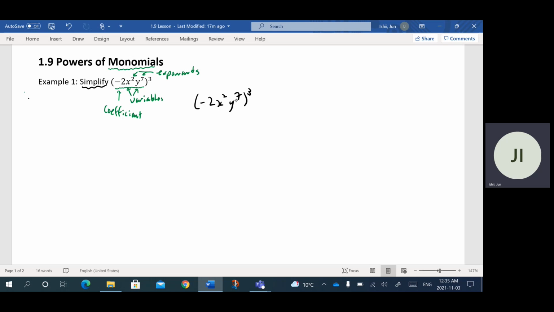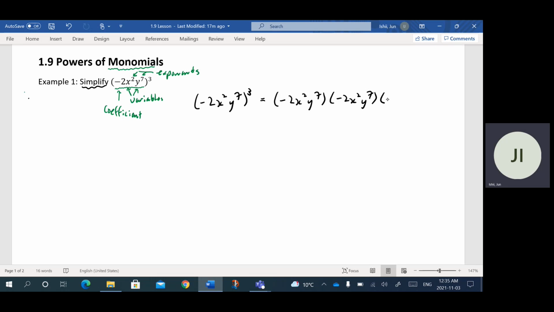So negative 2x squared y to the 7th, if it's raised to the third power, that means we're going to take this negative 2x squared y to the 7th and multiply it by itself 3 times. That's the definition of the exponent.